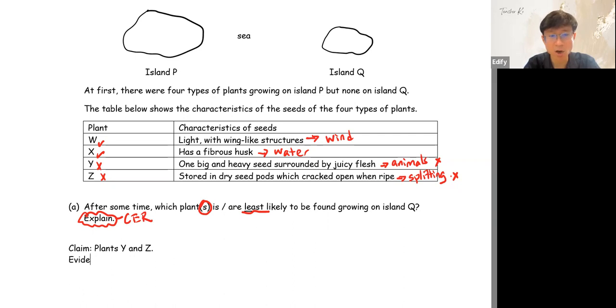My evidence is my observation and inference. My direct observation is I see that Y has a big and heavy seed surrounded by juicy flesh. This is my direct observation.